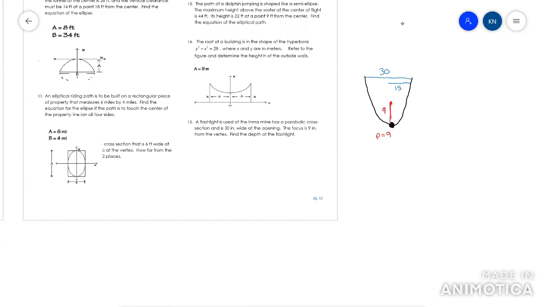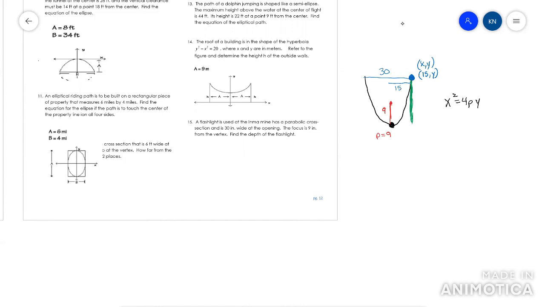All right, so we know the p-value, and basically they want to know this depth of the flashlight, this green line, okay? So you have to make this an xy coordinate. You know the x is 15. You don't know the y. That's what you need to solve for. This is a parabola, which uses the equation x squared equals 4py because we're at 0, 0 at our center.